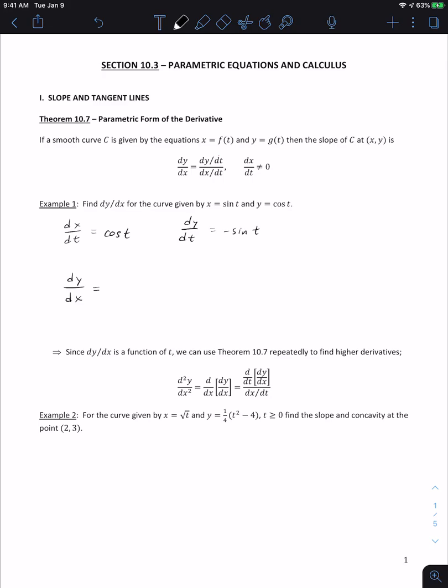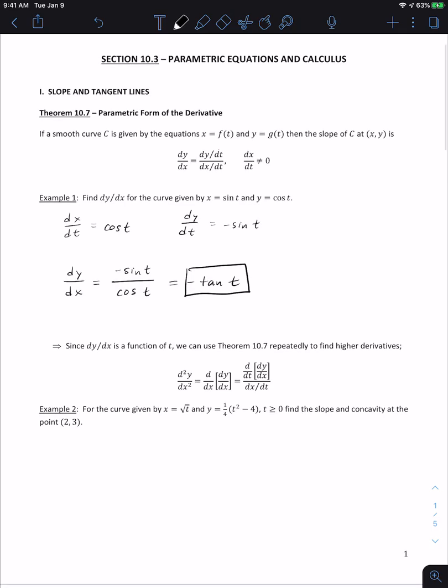And this will again be a function of t that I can plug the parameter into to find the derivative at any given point. So here I do my dy/dt, which is negative sine of t, over my dx/dt, which is cosine of t. We know that sine over cosine is tangent, so this ends up being negative tangent of t. That is my derivative function that I can plug my parameter t into.